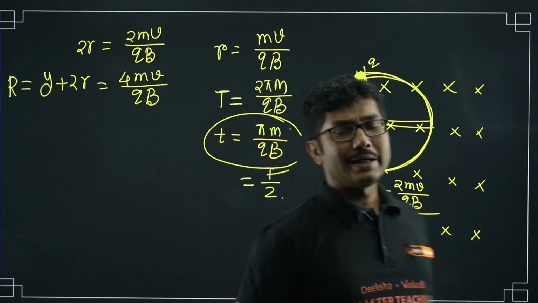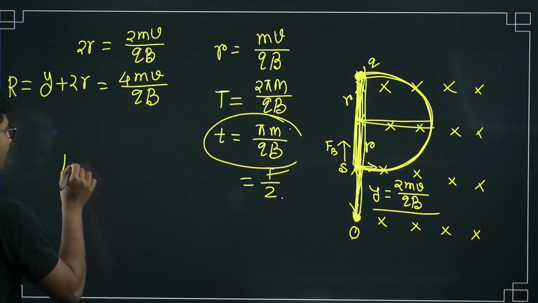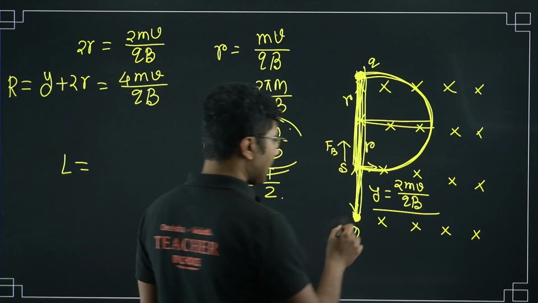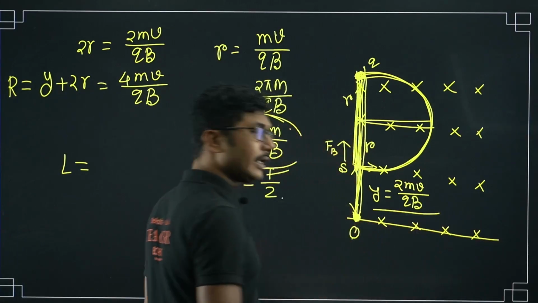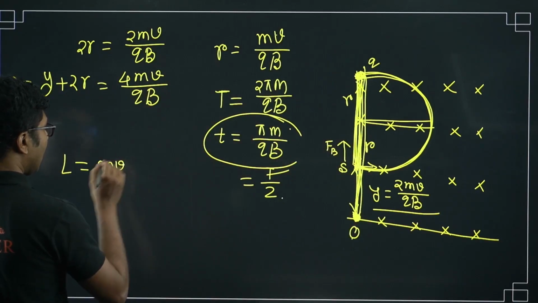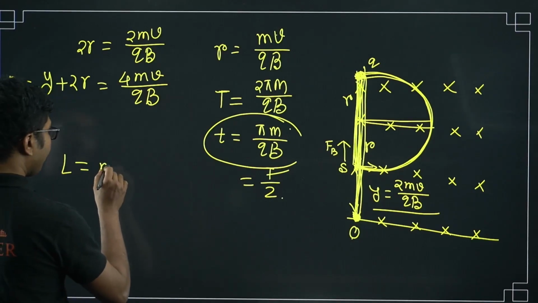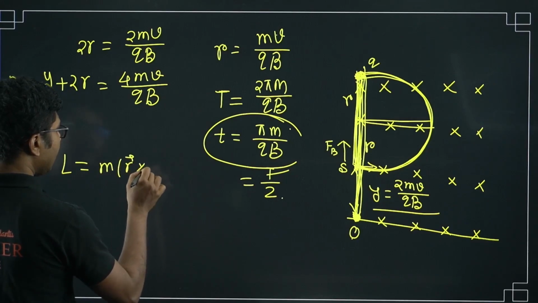Now what is the expression for angular momentum? You have to find the expression for angular momentum. Angular momentum with respect to any point is generally m r cross v.